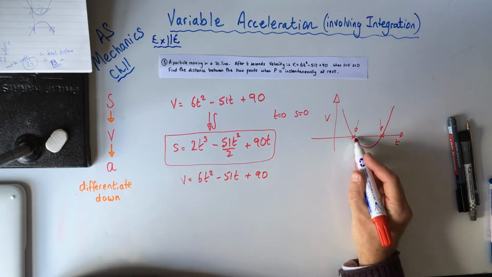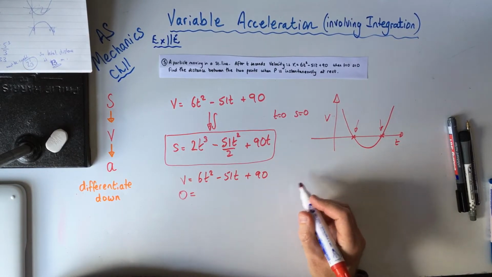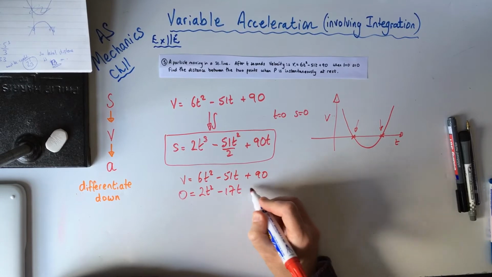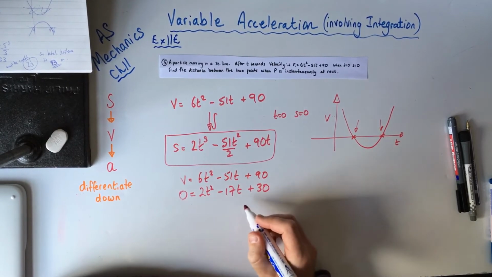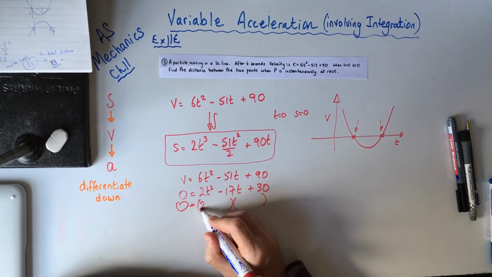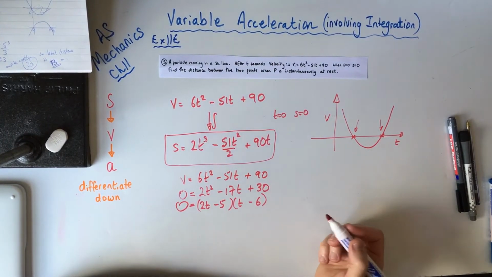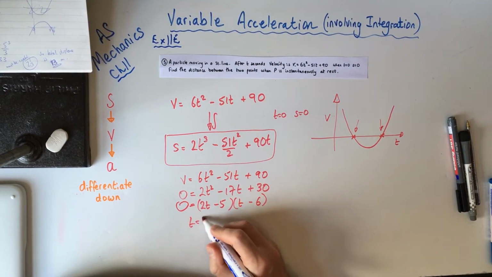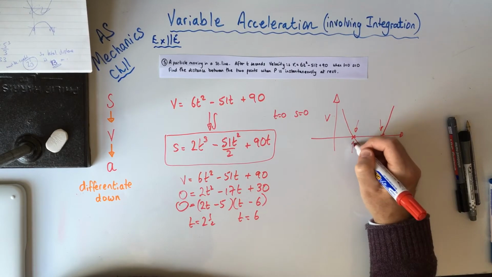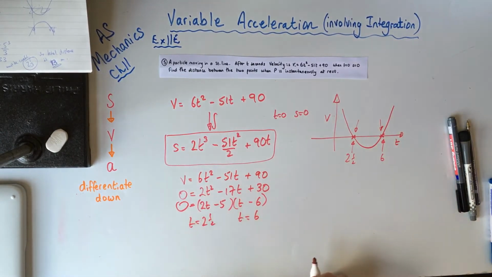The velocity we want when it's 0, so put that equal to 0. Divide everything through by 3, and we get 2t squared minus 17t plus 30, and that is going to factorise, and I can see where that is going, with t minus 6. But you could use the quadratic formula, and you can see t is 2.5 seconds, and t is 6 seconds. So there at 2.5, and there at 6 seconds.